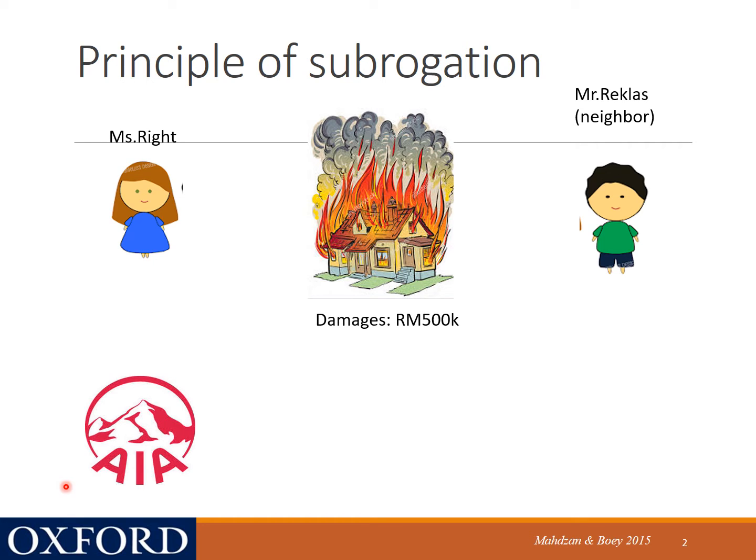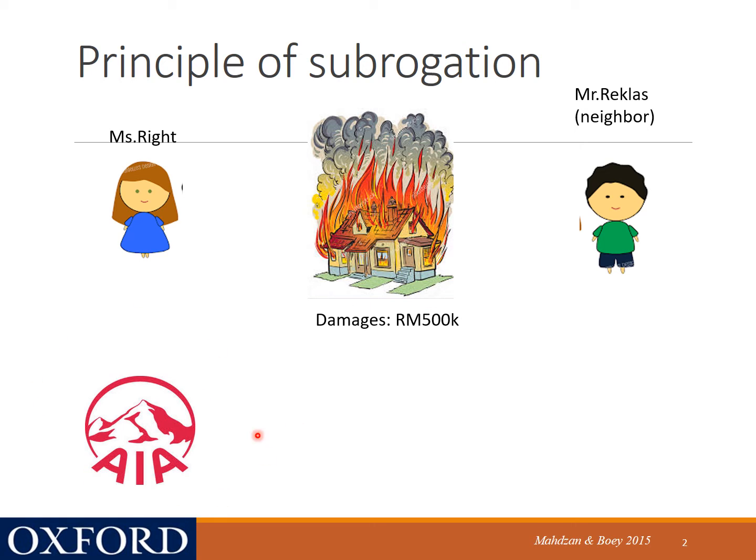So let's say that the damages amount to 500k, but at the same time, let's say that they found out that Mr. Reckless, who is a neighbor of Miss Wright, had not been careful about switching off the gas in his house, which caused the loss to his neighbor, Miss Wright.